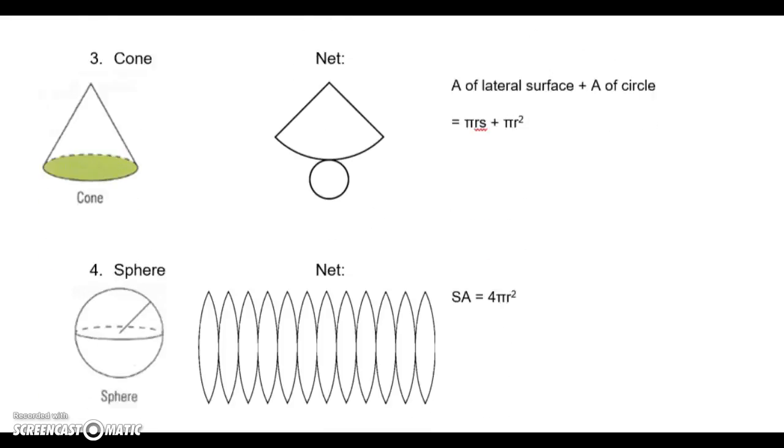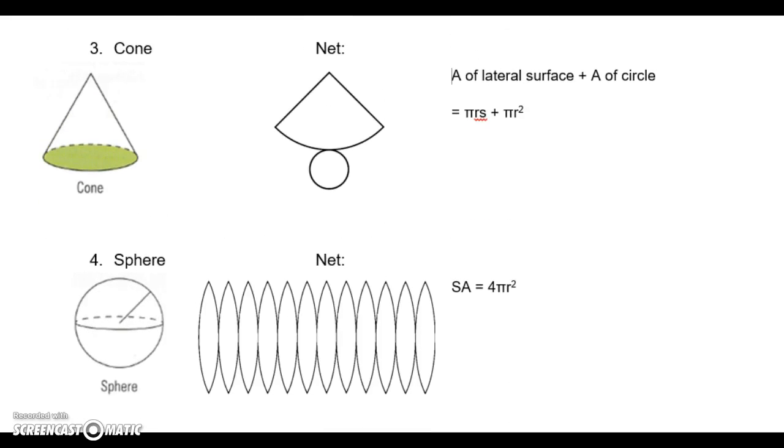The third shape that we're going to look at is a cone. Looking at that net, we have a part of a circle, and then we have a full smaller circle at the bottom, which would be the base of the cone. Here we're looking at the area of the lateral surface, which is this partial circle.